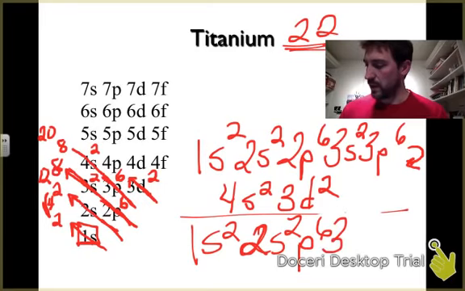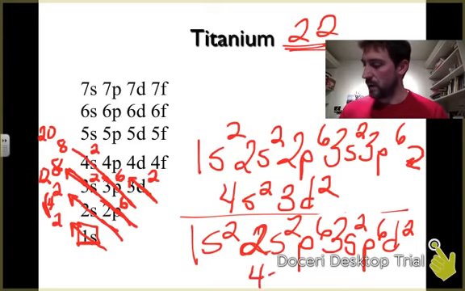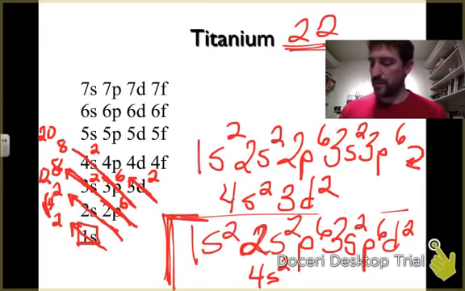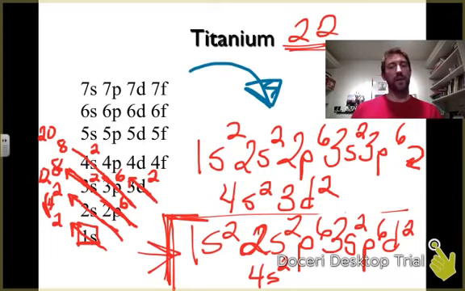Then you'd have a 3, which goes with the s2, p6, and d2. Then I ran out of room again, but then you would have the 4s2. Both of these are correct, and it seems like this tends to be general consensus, but I still prefer doing it this way, especially when you're learning how to write these, to keep everything in order from lowest energy level, working our way up.